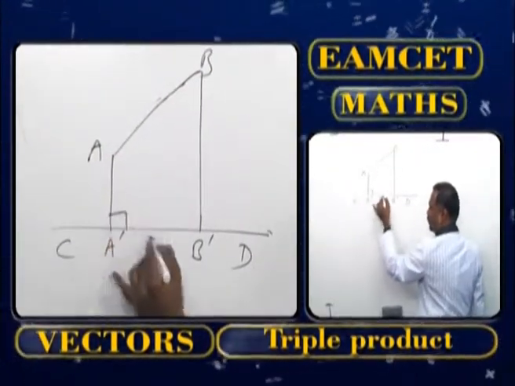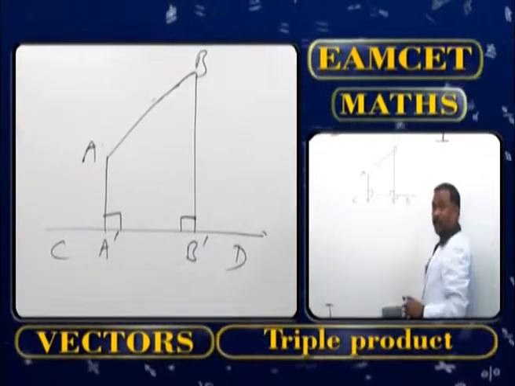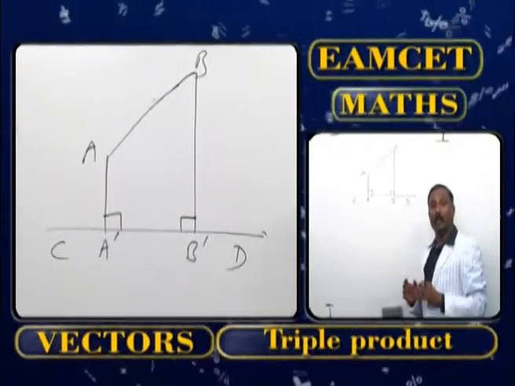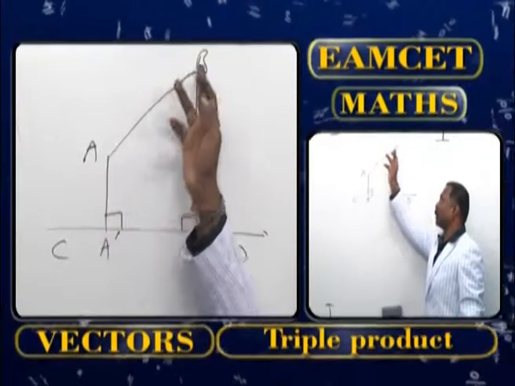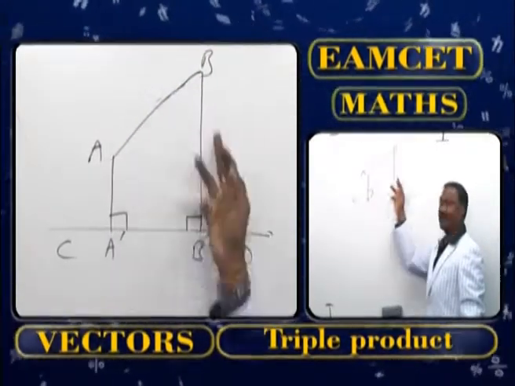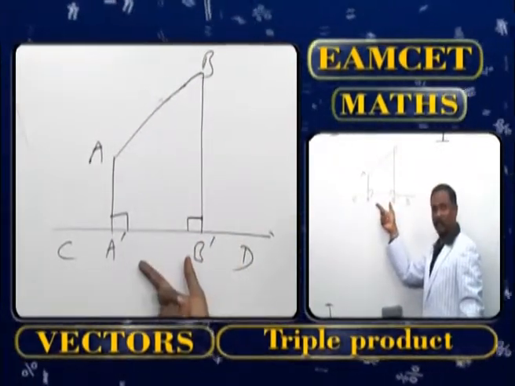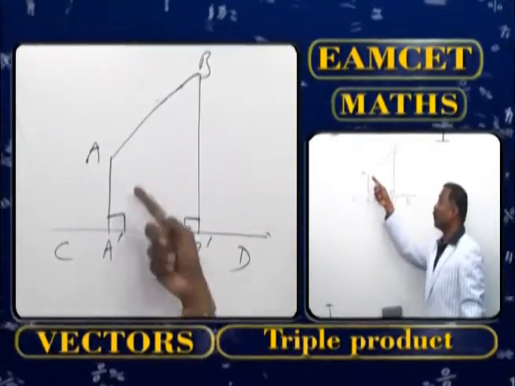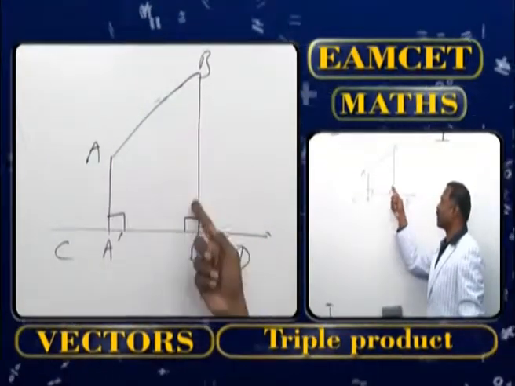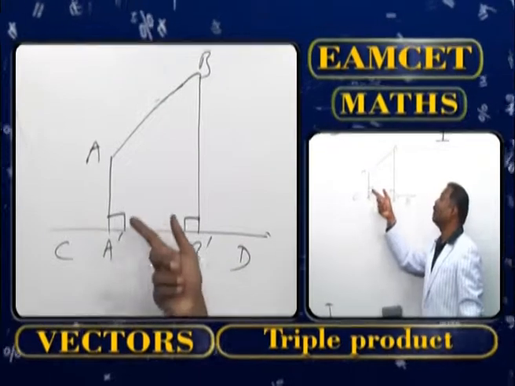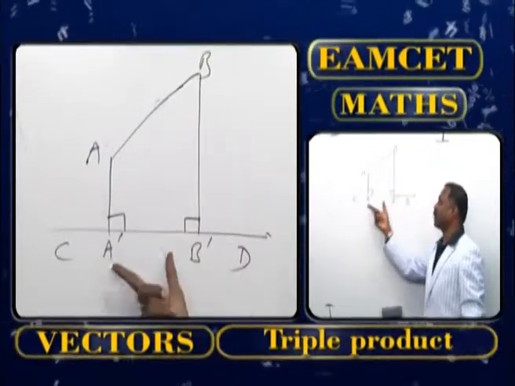This is always 90 degrees. Whenever you need the orthogonal projection, drop the perpendiculars from the extremities onto the required vector.